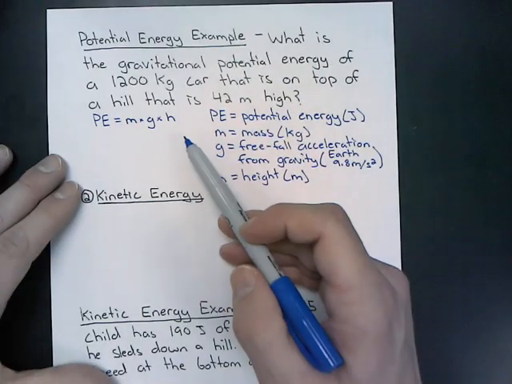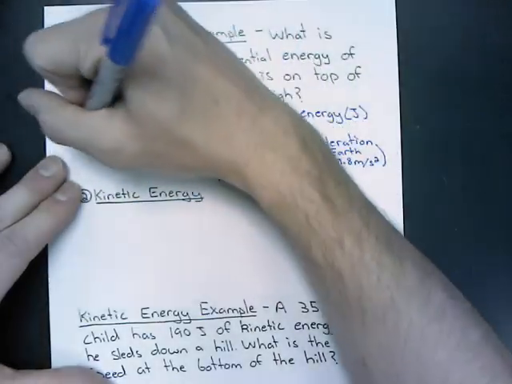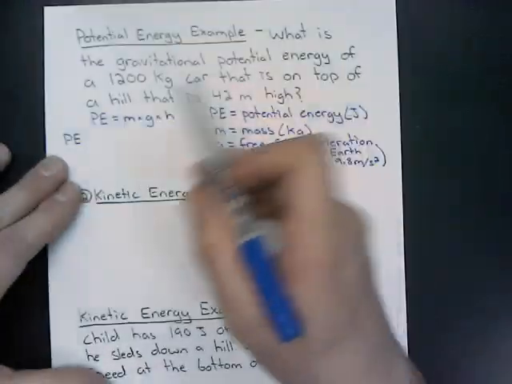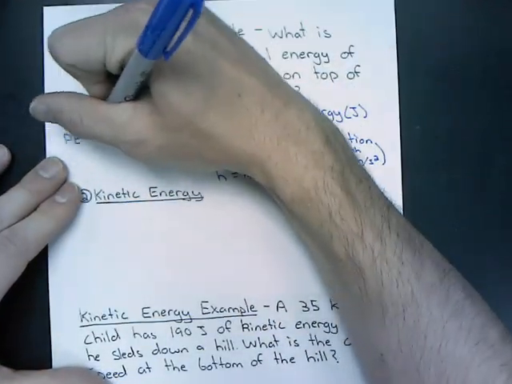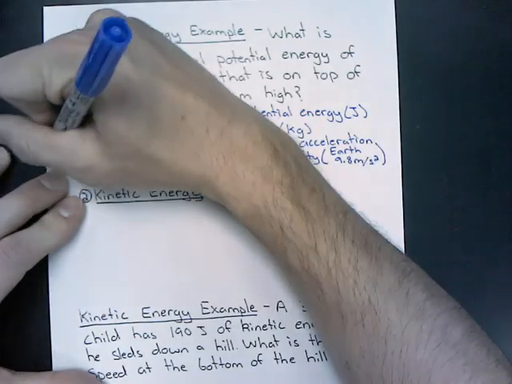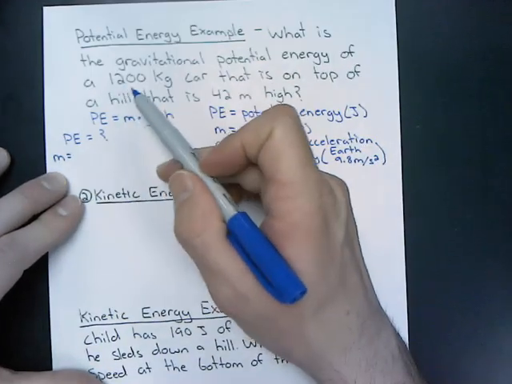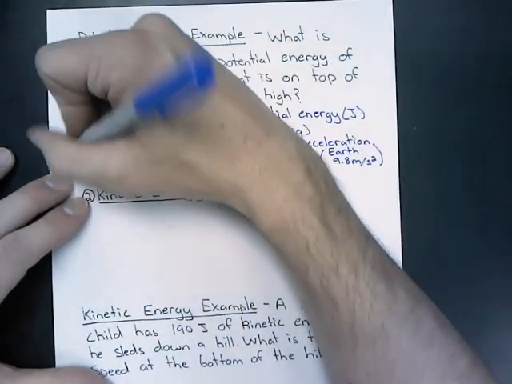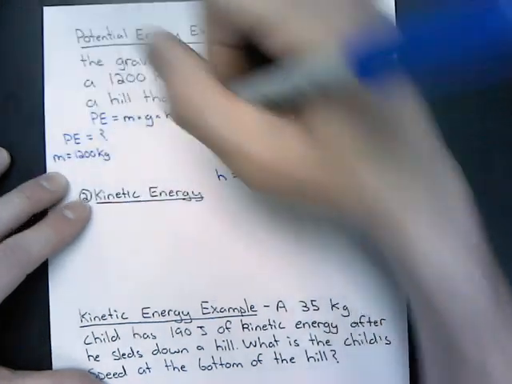Now, if we get back to this example here, we want to know ultimately what is our potential energy. There is nothing mentioned in this particular problem about potential energy, so this becomes our question mark. Our m for mass needs to be in kilograms, and so our mass is listed at 1,200 kilograms.